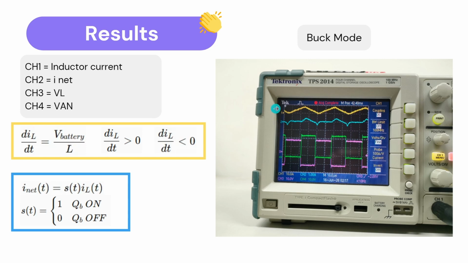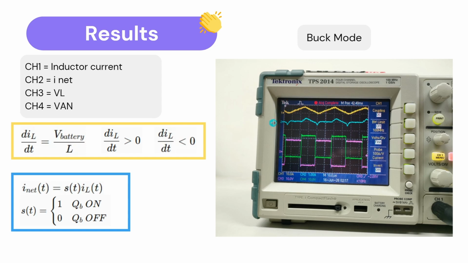The inductor current appears in steady state in a triangular way, because we have the equation that the derivative of the inductor current equals the V battery divided by the inductance. So when the current is higher than 0, it ramps up with a constant slope, and when it's lower than 0, it ramps down back to the origin.